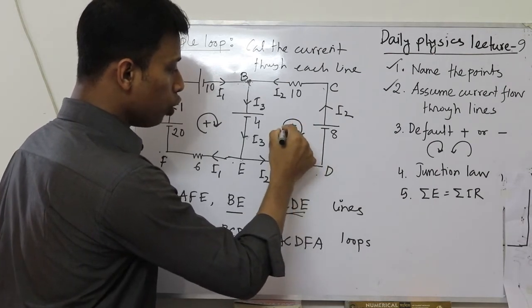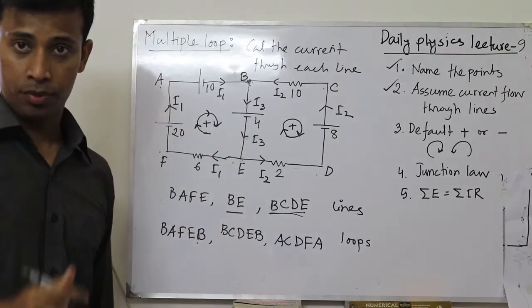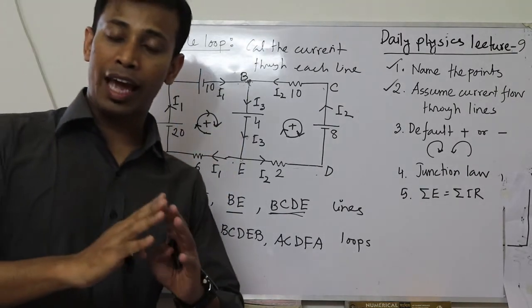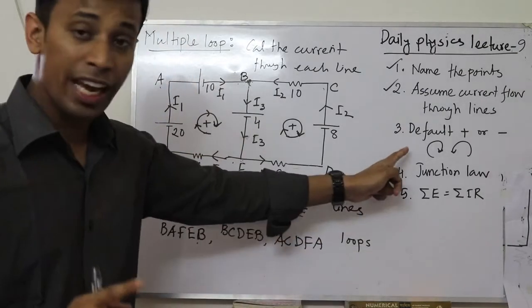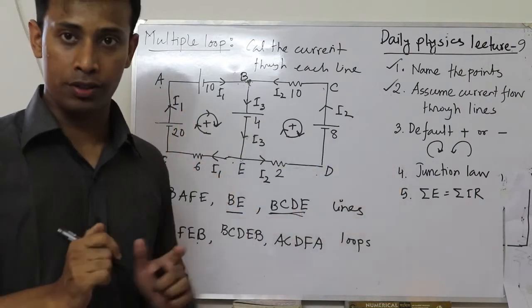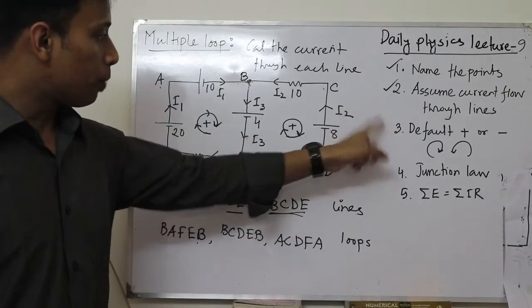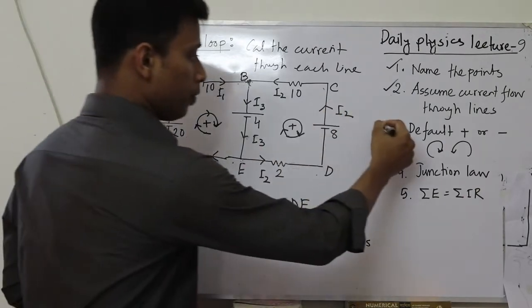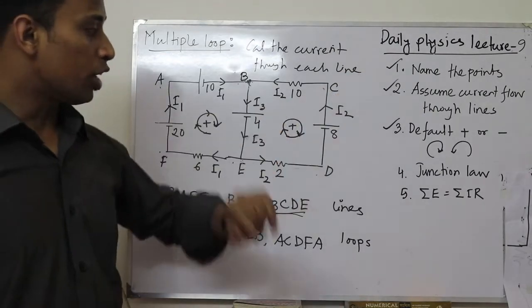So through all loops the clockwise direction will be positive. You can assume current in different directions, but you have to take your default positive in one direction, either clockwise or anti-clockwise. So we have completed assumption number 3, and assumption number 2. So 1, 2, 3 complete.